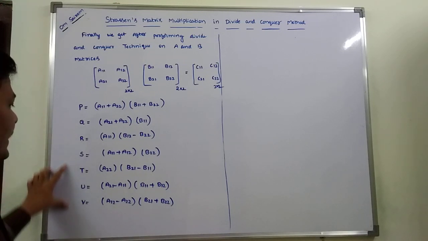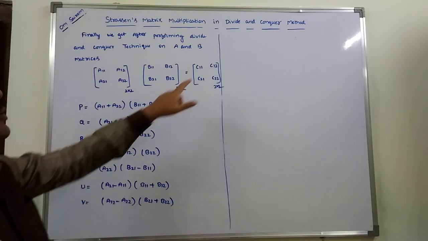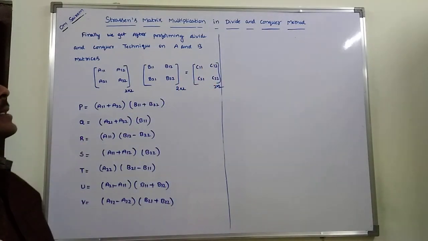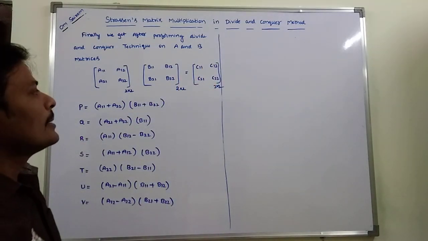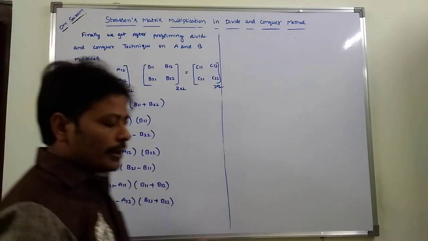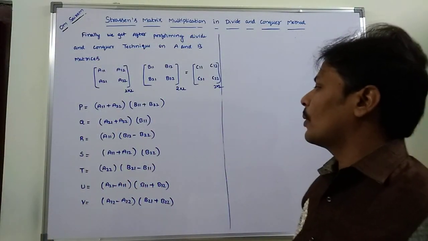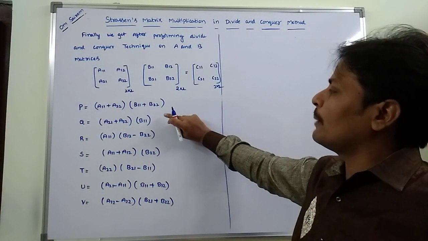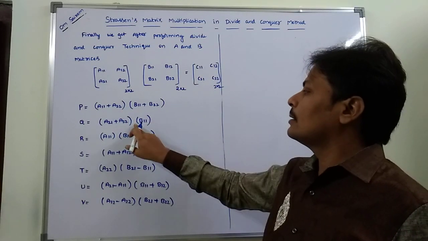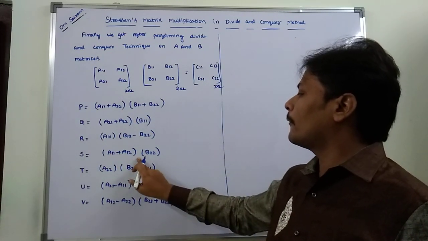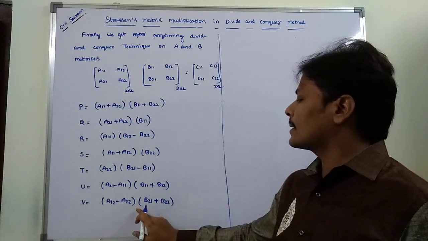By using these 7 equations, we have to find C11, C12, C21, C22. So in these 7 equations, how many multiplications are there? 1, 2, 3, 4, 5, 6, 7.